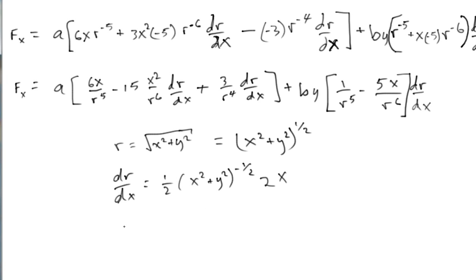So the 2's cancel, and I get dr by dx is equal to x over square root of x squared plus y squared, which is x over r. So I'll substitute x over r in for dr by dx.